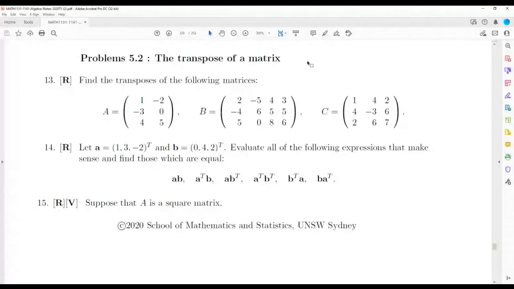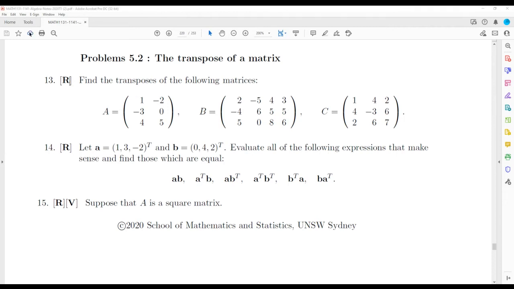So I thought we could start with the transpose of a matrix. You see in this question, it's just an R question. I'll do some H questions in a minute, but let's just remind ourselves what the transpose of a matrix is. With the transpose of a matrix, all we do is swap the rows and the columns.